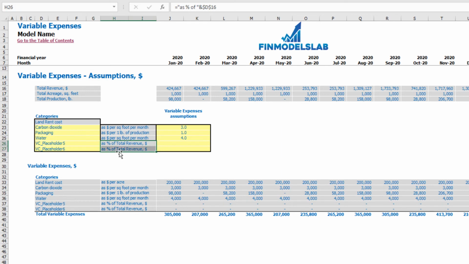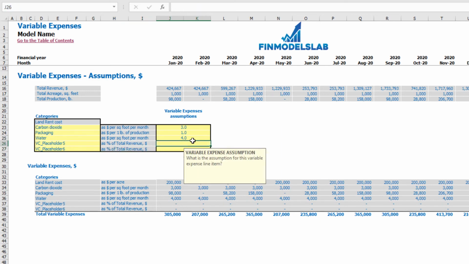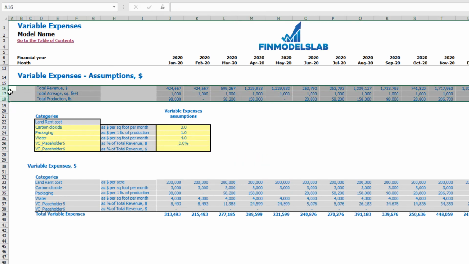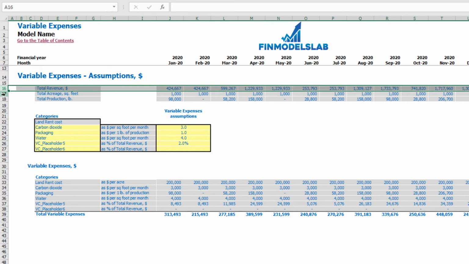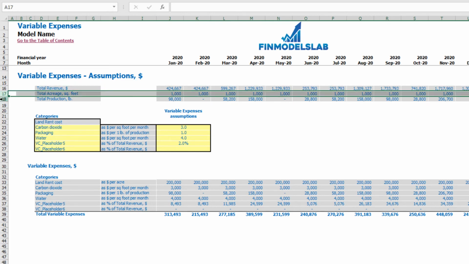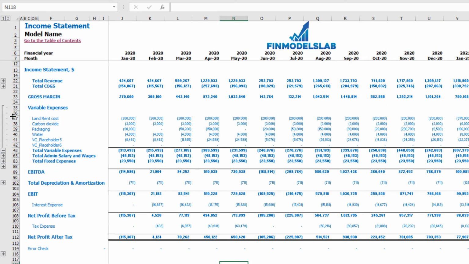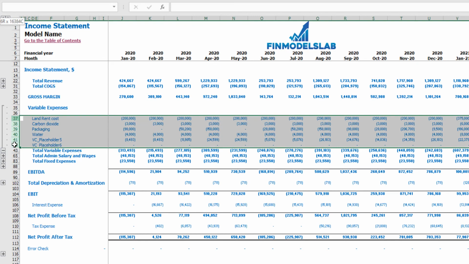And 2 line items for the calculation as a percentage of revenue, for example, 2% of revenue. On the top you have the main drivers, which is total revenue, total acreage, and total production. Below you may find the calculation for these categories by months, and in the income statement under the variable expenses category you may see these values allocated by categories and by months.